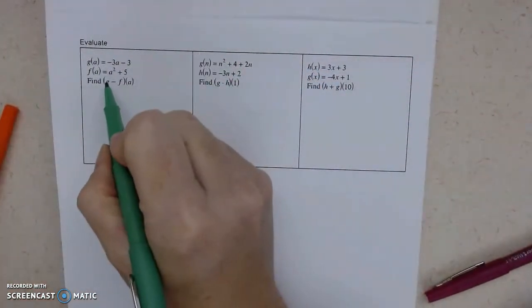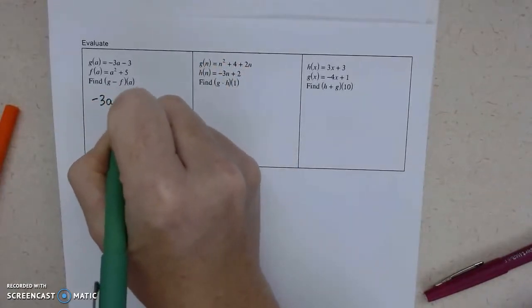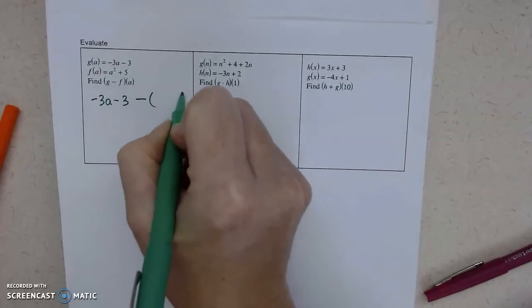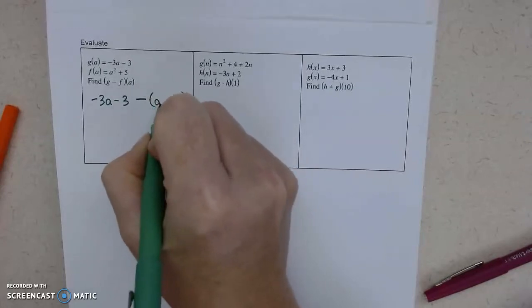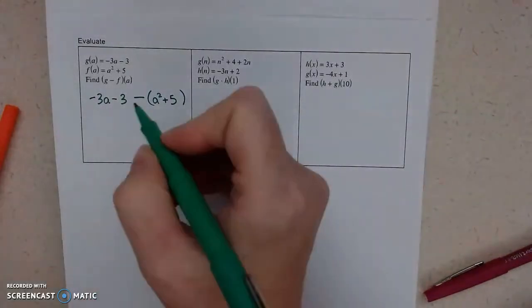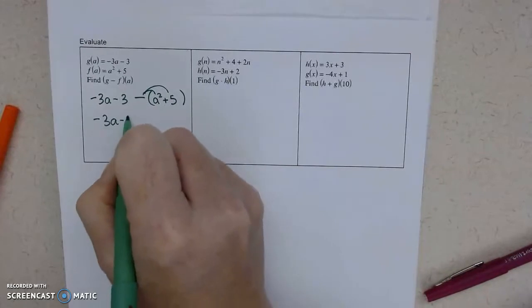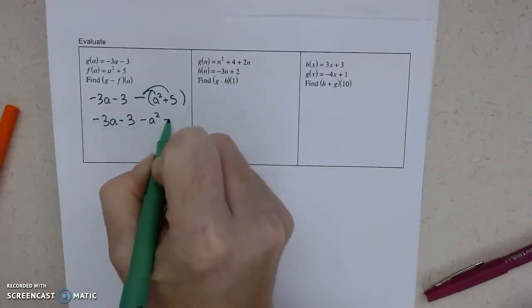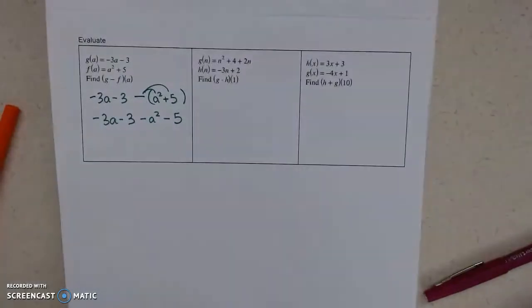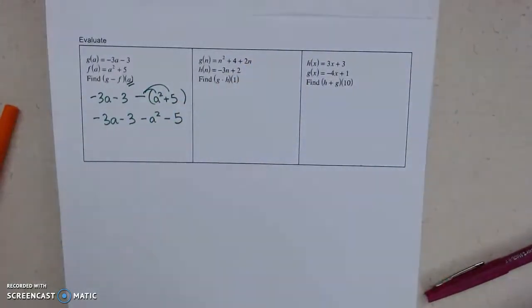So on here I've got g minus f. So here's g minus, remember with subtraction you always want to use parentheses. Okay, so I can distribute the negative. And then I want to just plug in a.